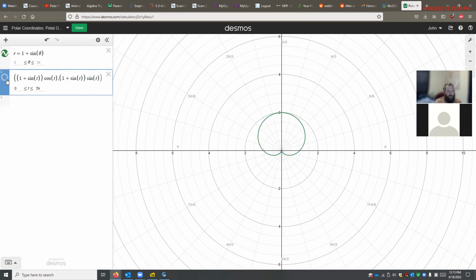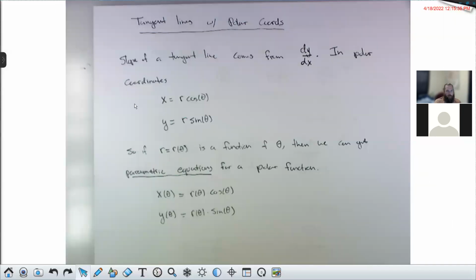Then again, same thing. So every polar curve, like r equals r of theta, can be written in parametric form by plugging the r's into these equations that we got on the first day talking about polar coordinates. And that gives you parametric equations.